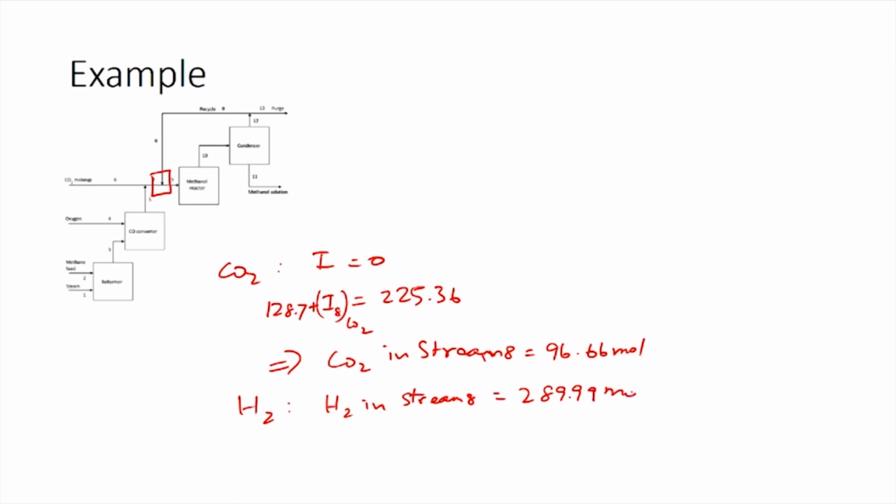Similarly, writing a balance equation for hydrogen, we would be able to calculate hydrogen in stream 8 as 289.99 moles. This is not sufficient because we still need to calculate the amount of nitrogen which is coming in through the recycle stream. We have one information about the nitrogen concentration which is 5%.